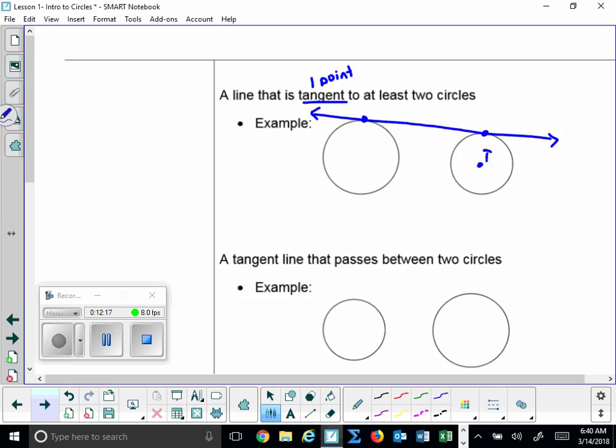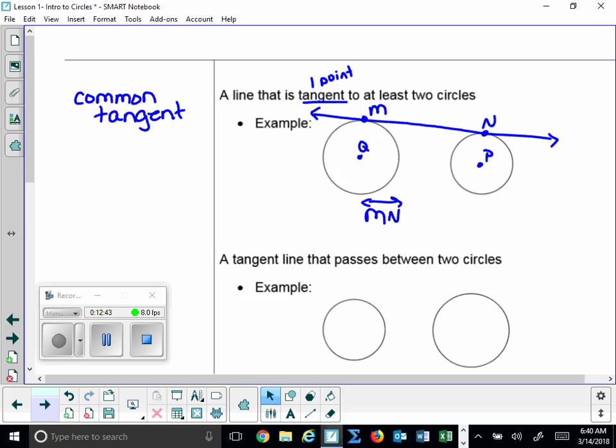Let's make this one P. I'll make this circle Q. And let's make these points M and N. So tangent MN is called a common tangent because it actually intersects with two circles. It's actually tangent to two separate circles.